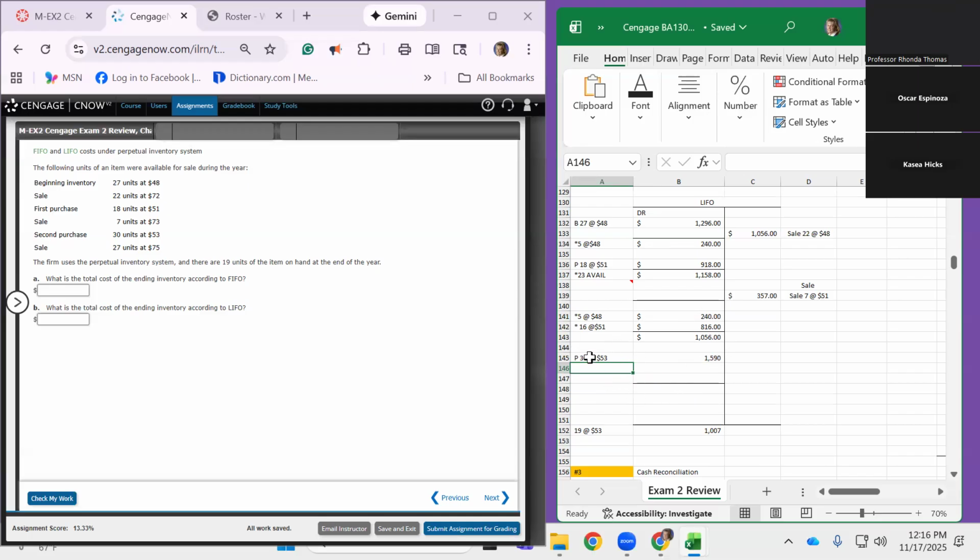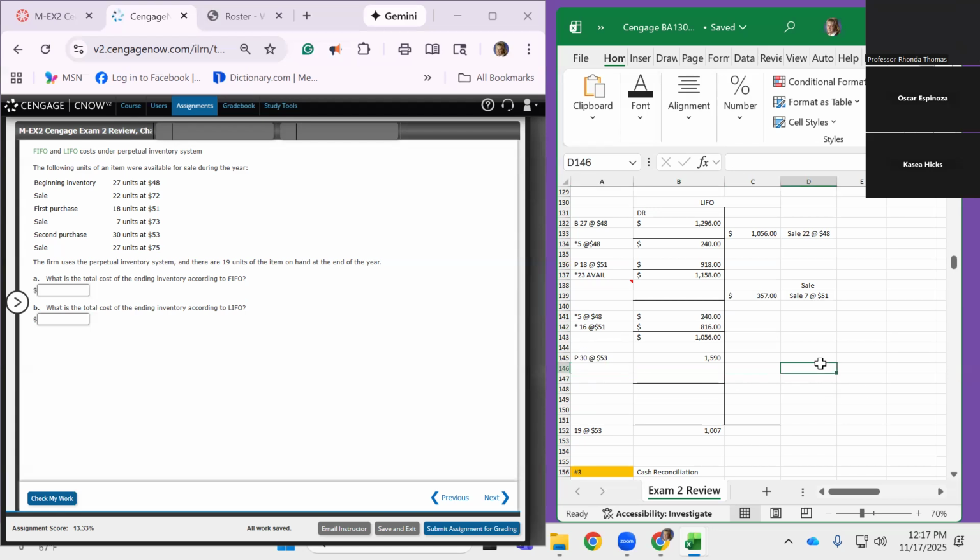Mm-hmm. So we're looking at 5 and 6 is okay. Okay, so then we've got all of those to carry down for the next sale. Okay, so the next sale is going to be 27. All 27 of those units fit in there.